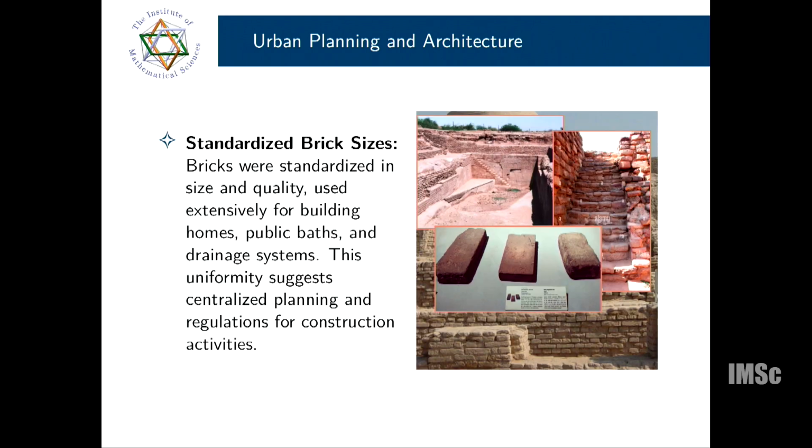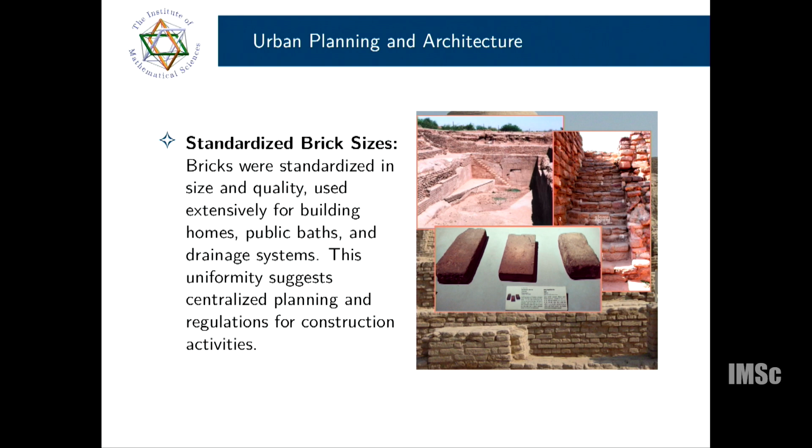And on the other side, the bricks. Most of the buildings used fired bricks, and the bricks are quite standardized in size. I think the ratio is 1:2:4, and possibly we still use the same ratio.